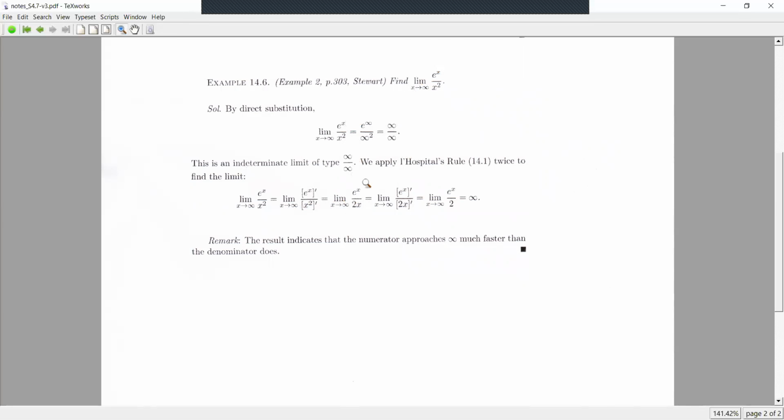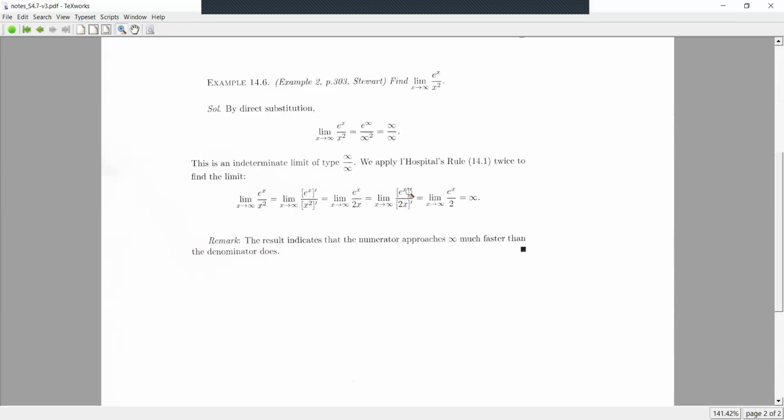Then how do we tell this limit? Plug in infinity for x, then we get infinity over infinity again. So this limit is an indeterminate of type infinity over infinity. So we can apply L'Hopital's rule to this limit.